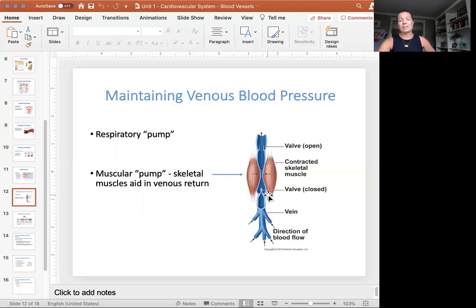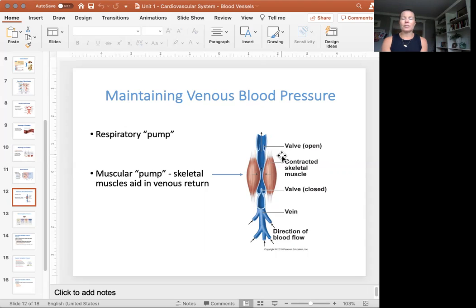And one last thing that helps prevent blood from going in the wrong direction are the valves that are found in veins. Remember that only veins contain valves, arteries and capillaries do not. And these valves will close if blood starts to flow down in the wrong direction.